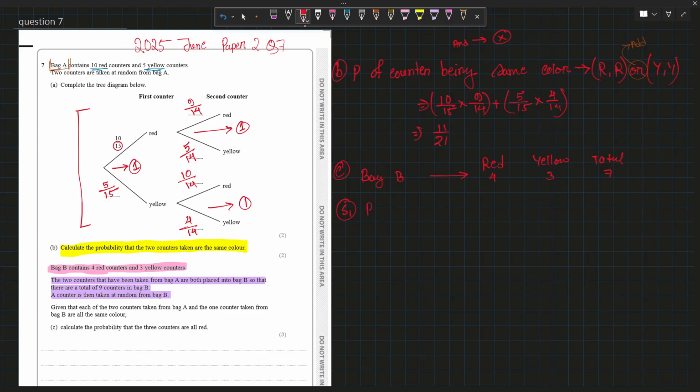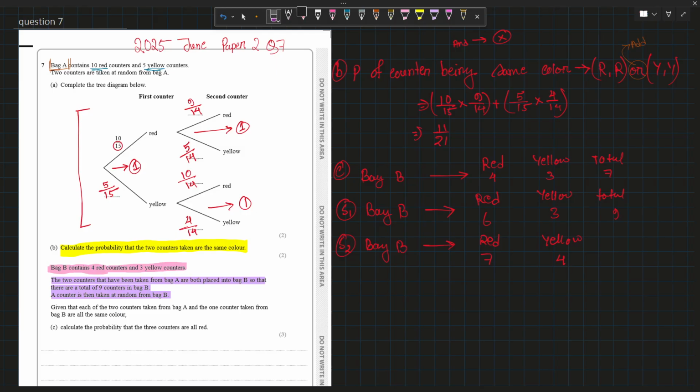I could have bag B, that is I have taken 2 red here, so red would be 6, yellow would be as it is, so yellow would be 3, and the total is 9. Then scenario 2, bag B, I have taken 1 red, so it's going to be 7, 1 yellow from bag A, so it's going to be 4.